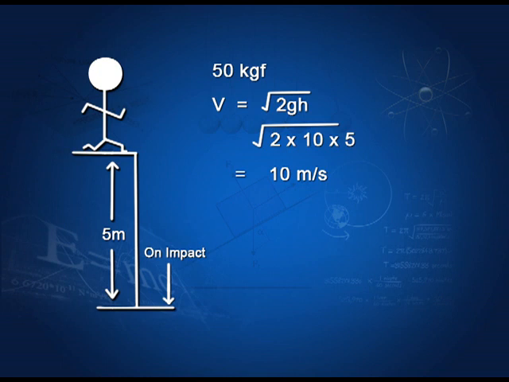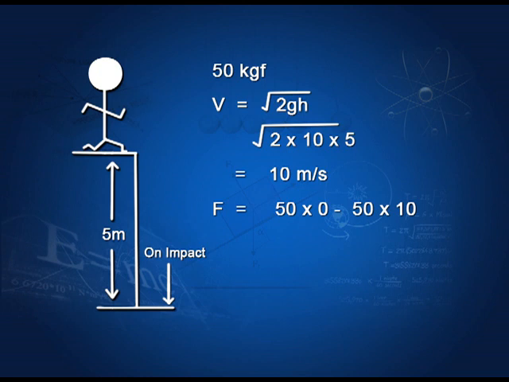Now, when this person strikes here, we need to know the time of strike in order to find the rate of change of momentum and therefore calculate the force on impact. Force on impact is given by change in momentum, which is the mass multiplied by the final velocity, which in our case is 0, minus 50 into 10, the initial velocity before strike, divided by time.